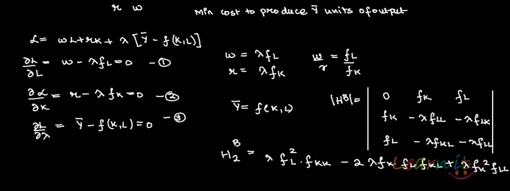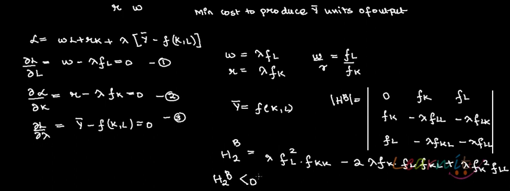Now if at this point the cost is at its minimum, then this determinant H2B has to be negative.